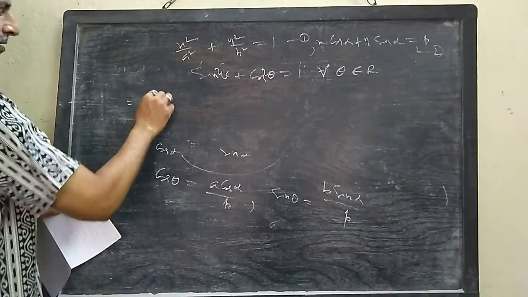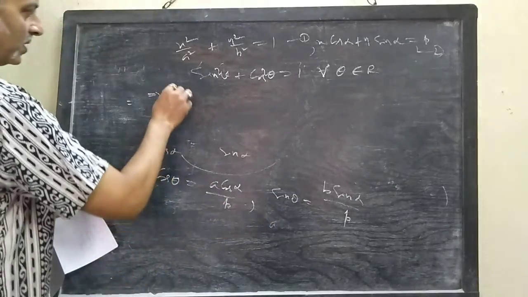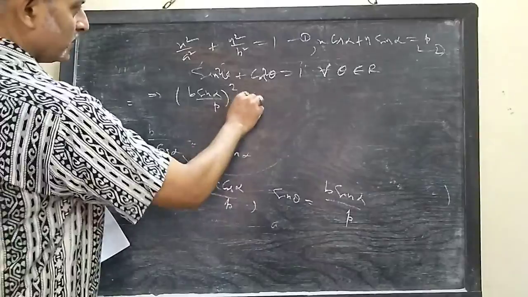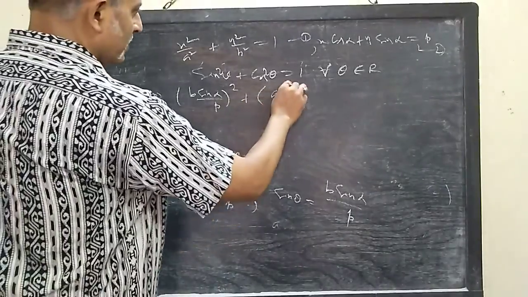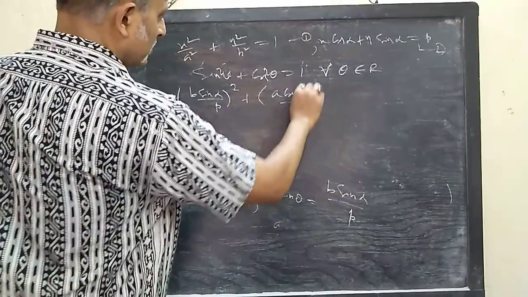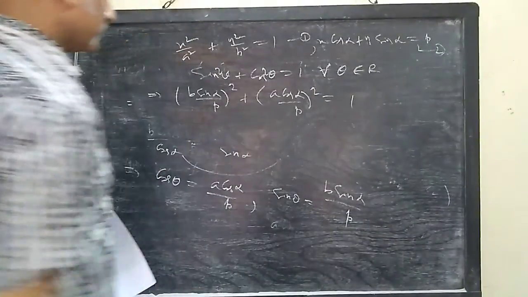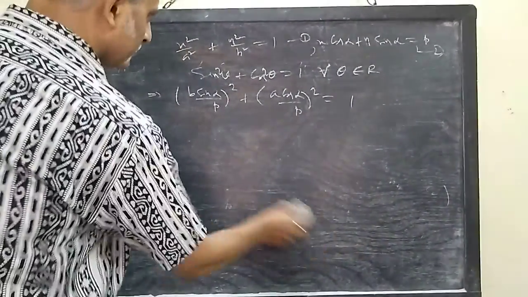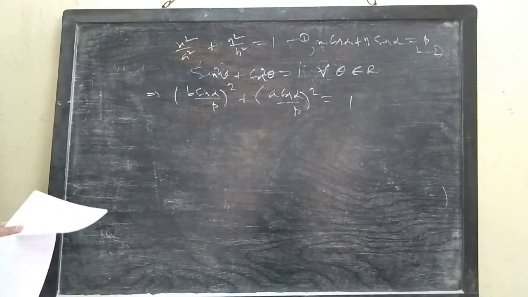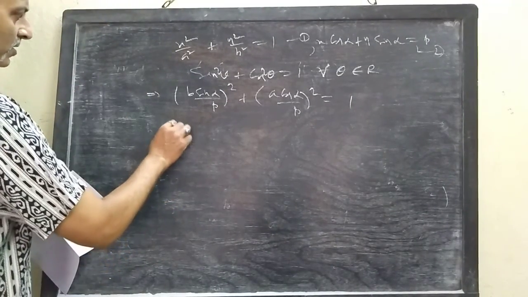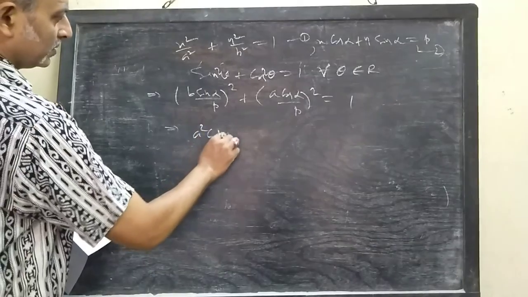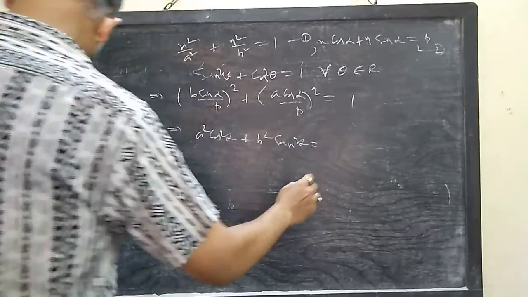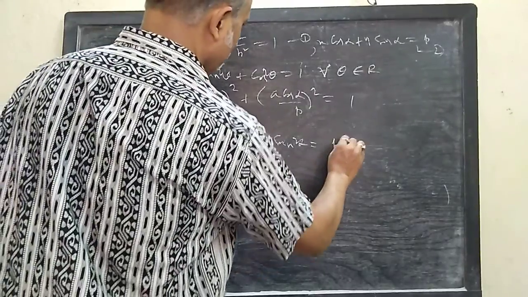We get b sin alpha by p whole square plus a cos alpha by p whole square equals to 1. So you get a square cos square alpha plus b square sin square alpha is equals to p square.